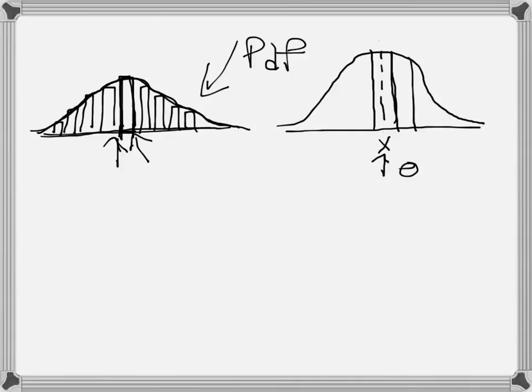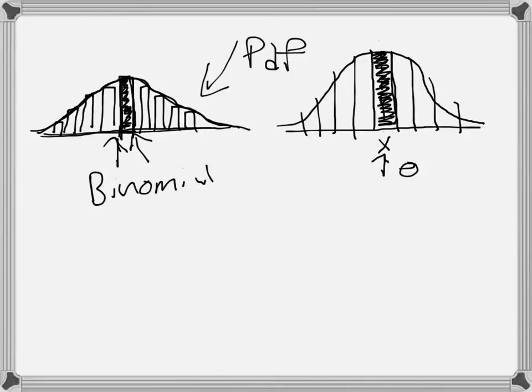Then the probability that I observe this outcome is approximated by the probability of ending up in this region. So we're approximating this binomial with a normal.